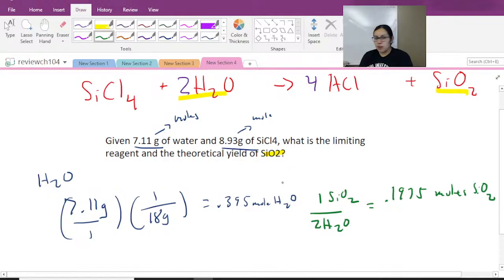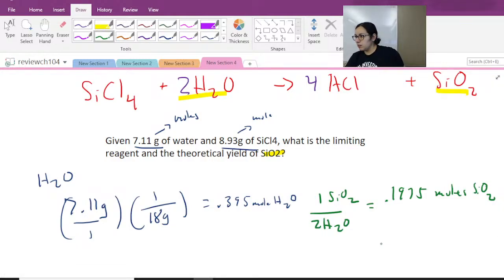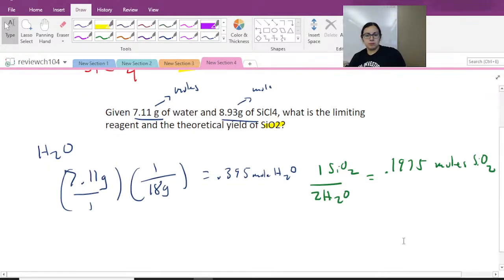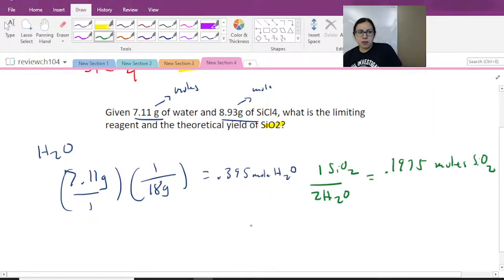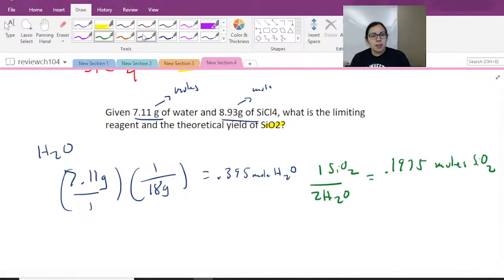So is that what everybody got for at least the water portion? Questions? So did you divide 1 by 0.395? I did 0.395 divided by 2. Oh, okay. Yeah, because you just want to multiply it by the ratio, or in this case, it ends up dividing. And then note too how your moles cancel, so that kind of helps.